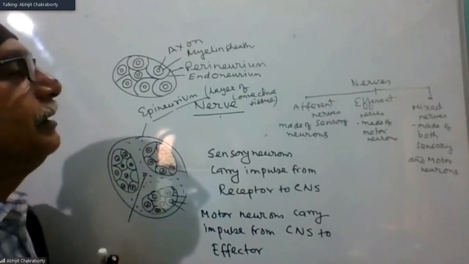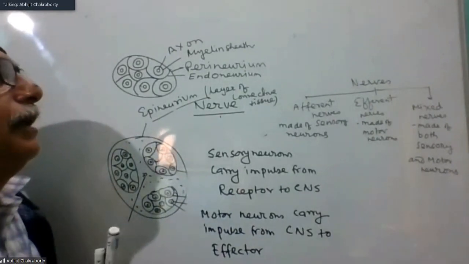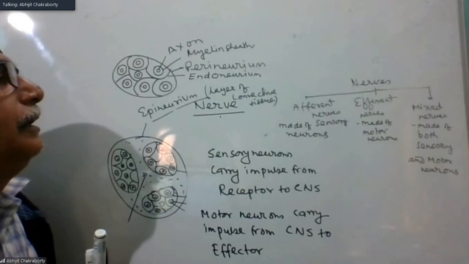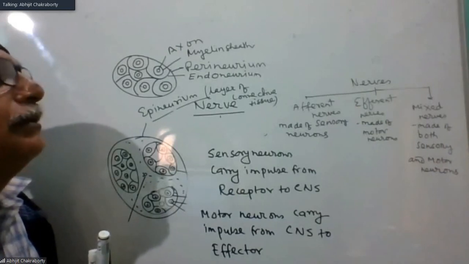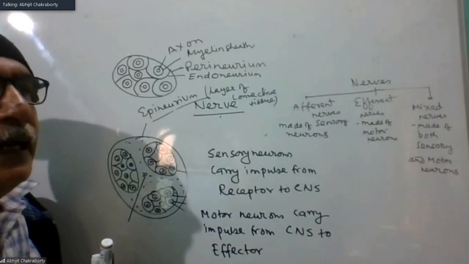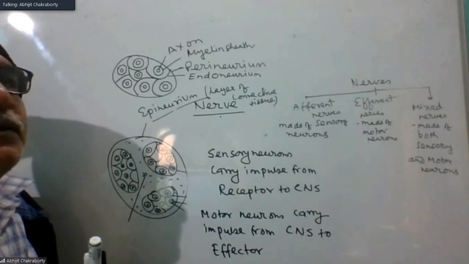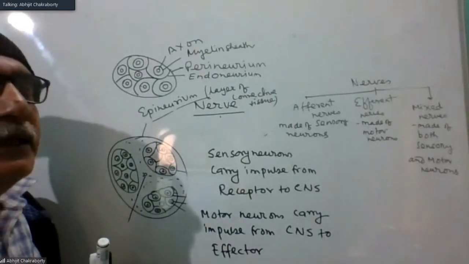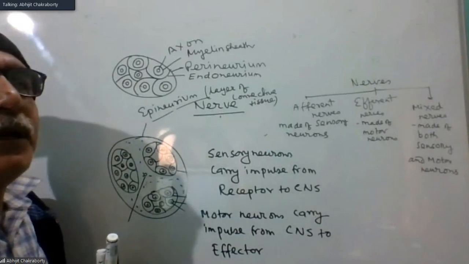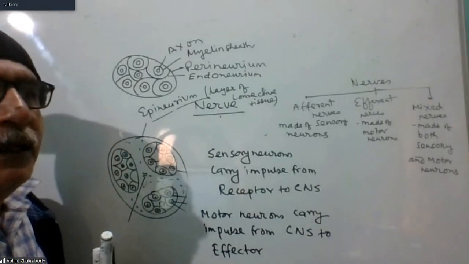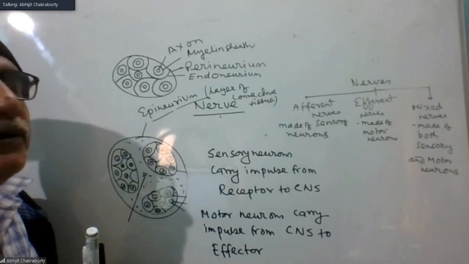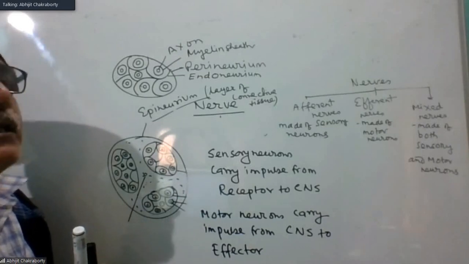So this is what about the neurons. Generally, you get it in the structure of the brain. Whenever any information is required to be carried to the nervous system, that is CNS, for interpretation and analysis, the stimulus stimulates the receptor. The receptor is required to be stimulated to produce an impulse. What is this impulse? It is nothing but the difference in ionic concentration, that is action potential.